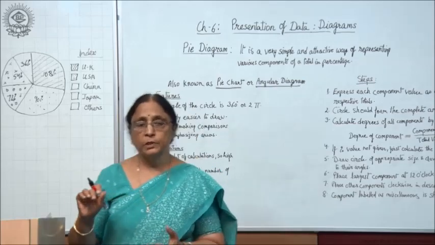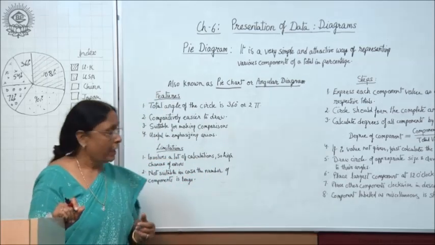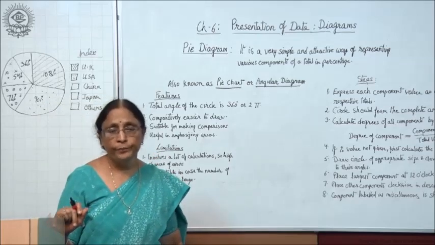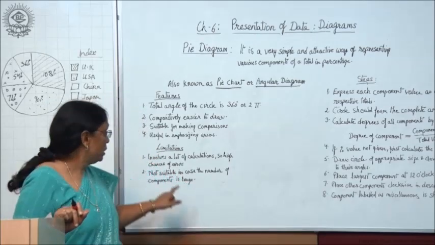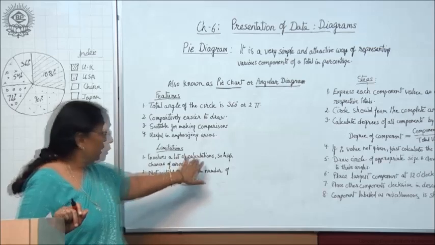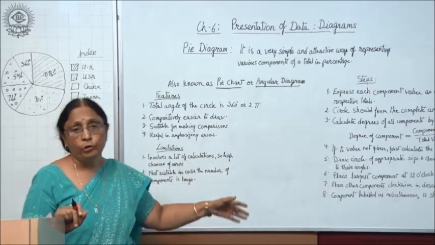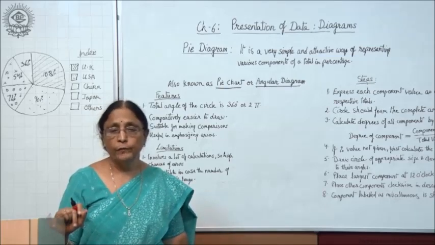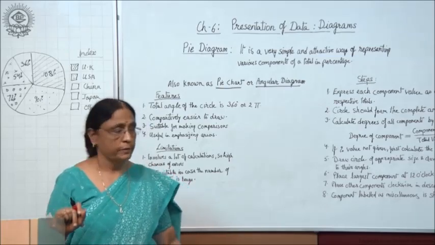So sometimes it needs a lot of calculation. This is one limitation of the pie diagram: it involves a lot of calculations. Second, when it involves a lot of calculations, obviously there are chances of errors also. So you have to be more particular in calculations.